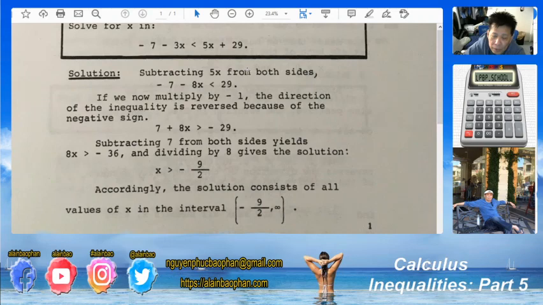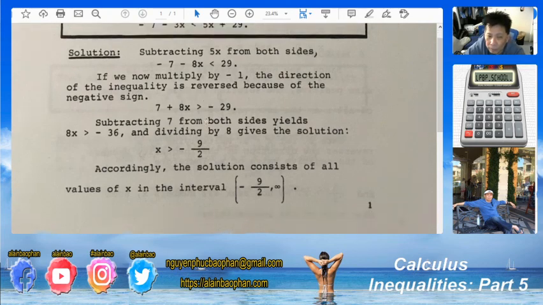You cannot take the square root of a negative number, like the square root of negative 3. So you have to find the condition yourself. 1 minus 2x has to be greater than or equal to 0. That's what you have here. And then from there, you solve the problem exactly like a regular inequality.